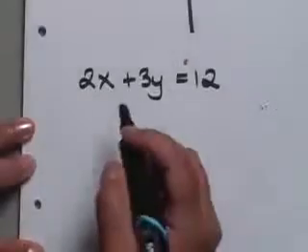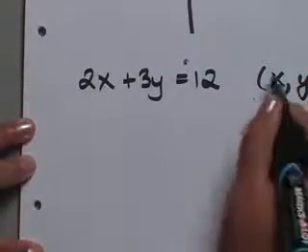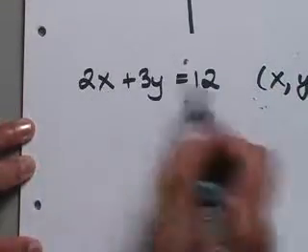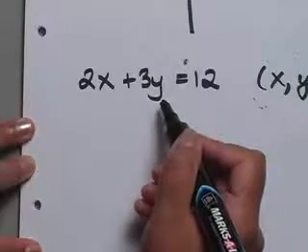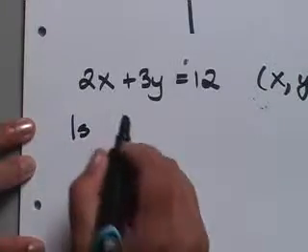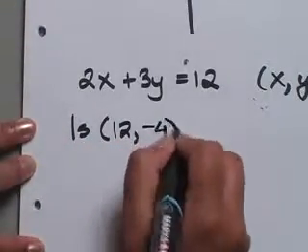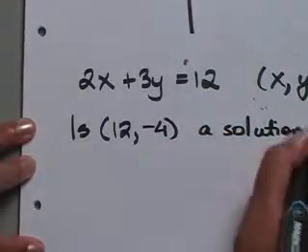Basically, the solution will be in the form of your ordered pair, where x represents the value for your x variable and y represents the value for your y variable. We want to determine if this ordered pair 12, negative 4 is a solution to our given equation or not.